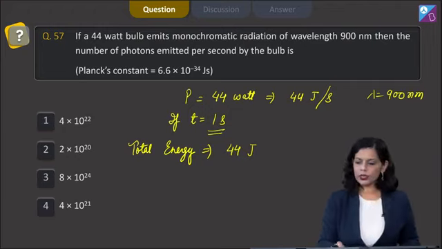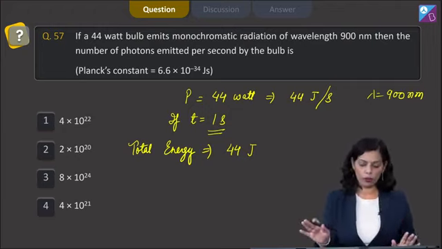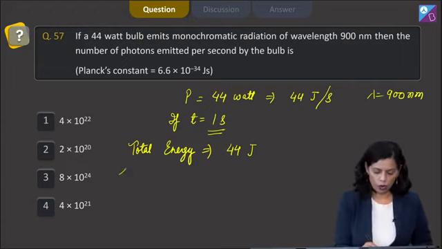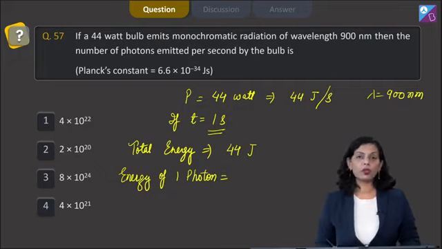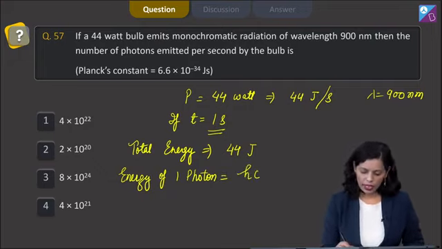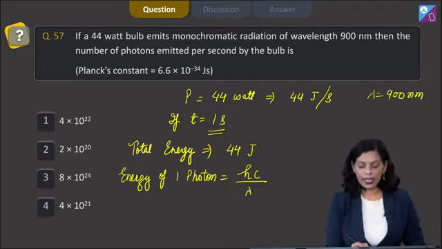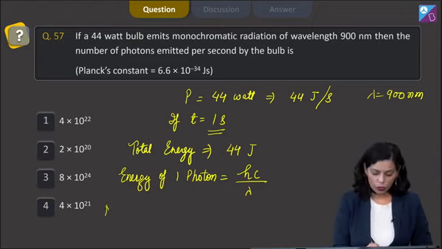Now they are telling you to find the number of photons. How to find the number of photons? You have to first find the energy of one photon. How to find it? hc upon lambda. Yes. So if you divide the total energy by the energy of one photon, you will get the total number of photons.